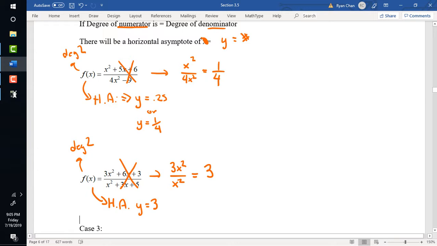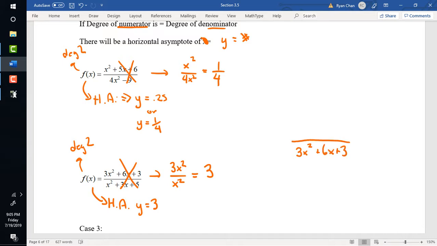Now, if you don't like that way, you can also use long division. If you're not sure what your horizontal asymptote is, you can do long division. Example here: I take my top and divide by the bottom. x squared times x squared... well, I multiply x squared to get to 3x squared.